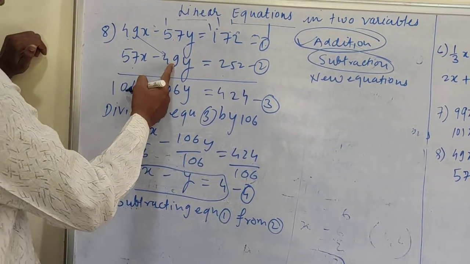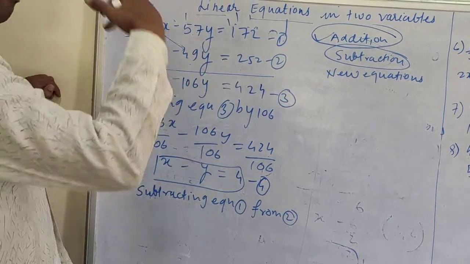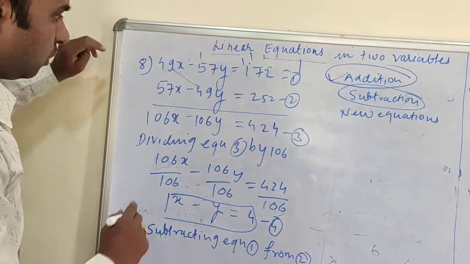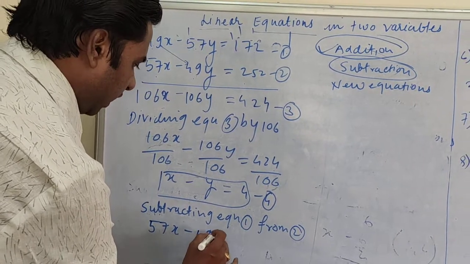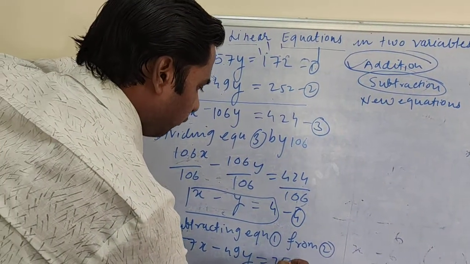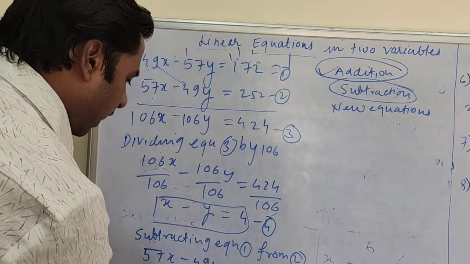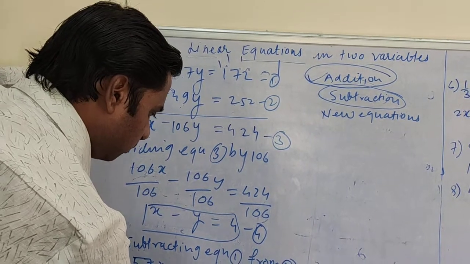From equation 2 we are subtracting equation 1. Means equation 2 we have to write on the top, equation 1 we have to write below that. So 57x minus 49y equals to 252, and this one 49x minus 57y is equals to 172.